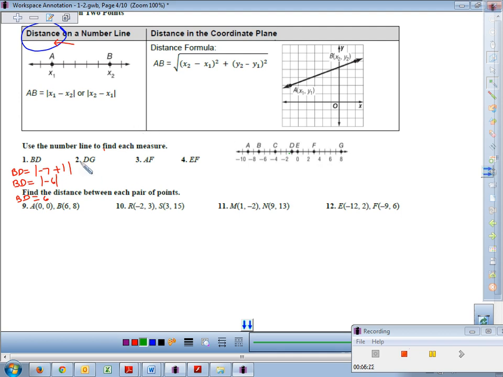So let's do that again. Let's skip number 2 so we have room. Let's find the distance from A to F. Let's just go straight to 3. So distance from A to F equals. I'm all about work shown and doing it right. Where's A located at? Negative 9. Then I need to subtract away wherever F is. Where's F located? At 3. Finish that up for me.